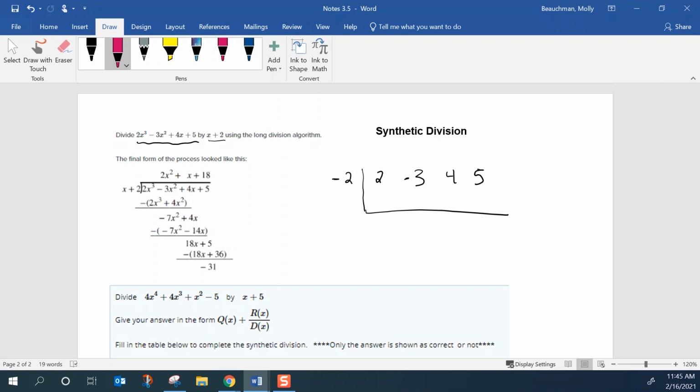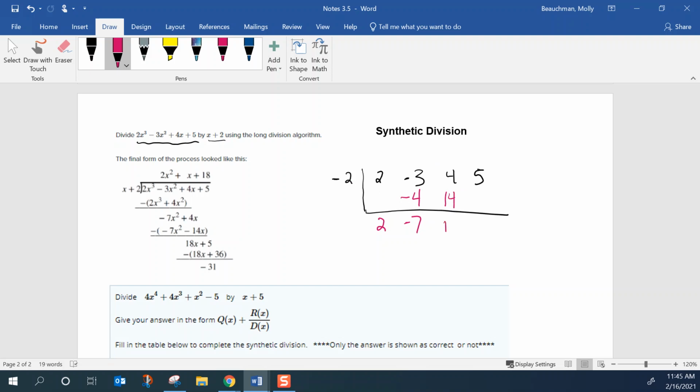So here's the process. Once you get it set up, you take the first value 2, carry it down. Then take 2 times negative 2, which is negative 4, and put it underneath the next space. Add these together. Negative 3 plus negative 4 is negative 7. Take negative 7 times negative 2, you get positive 14.